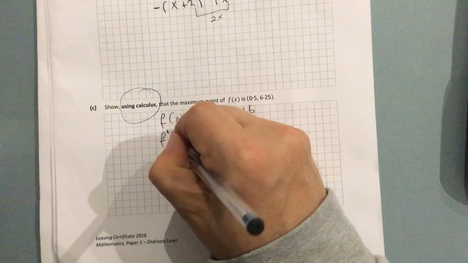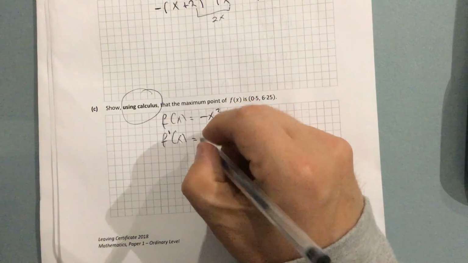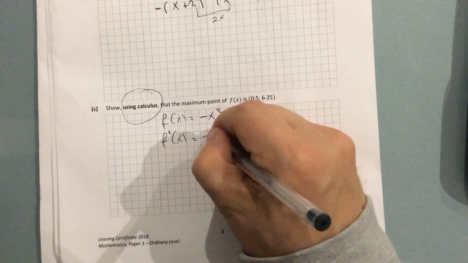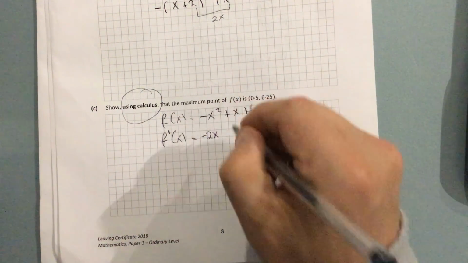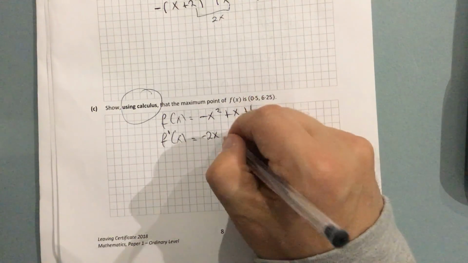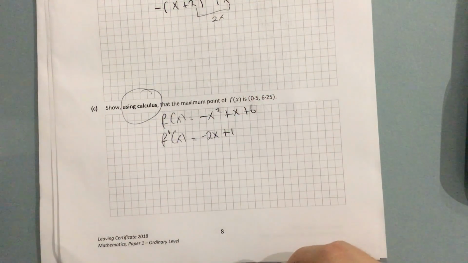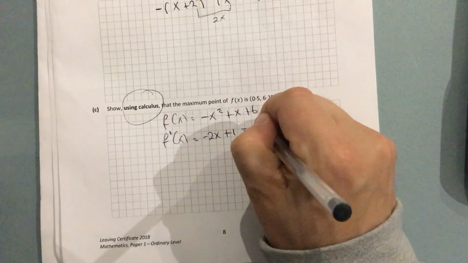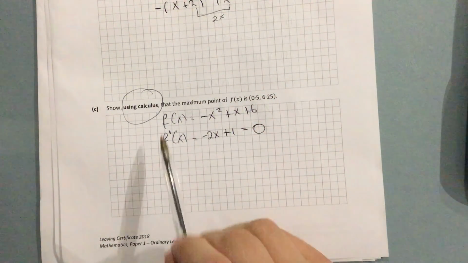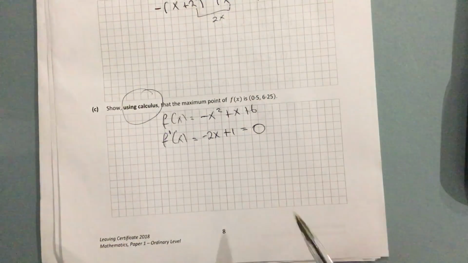If I differentiate this, I will get 2 by that is minus 2x, you drop one of the indices, differentiate x is just 1, and you let it equal to 0, because the maximum point is here and the tangent, the slope, is 0.